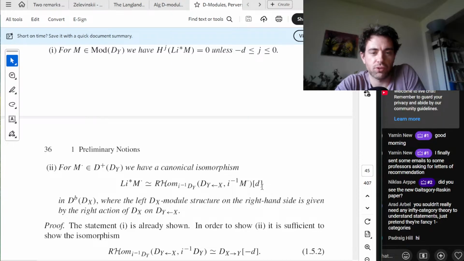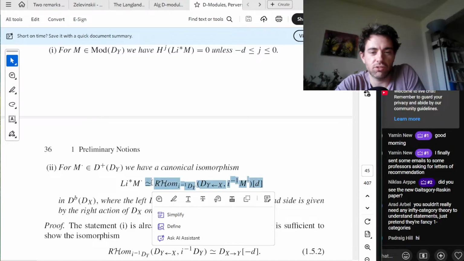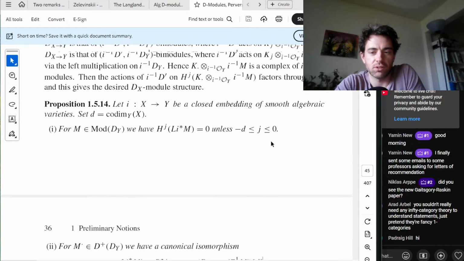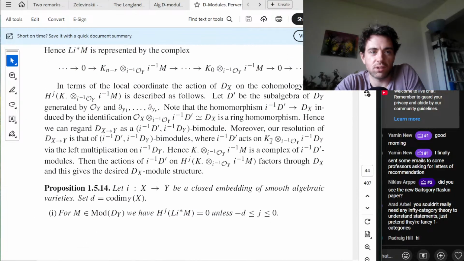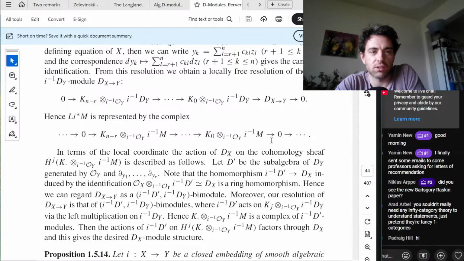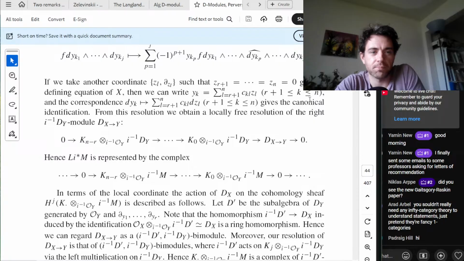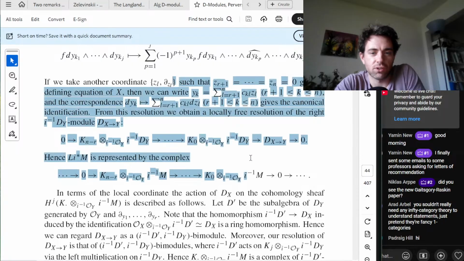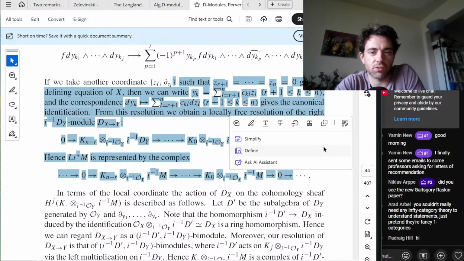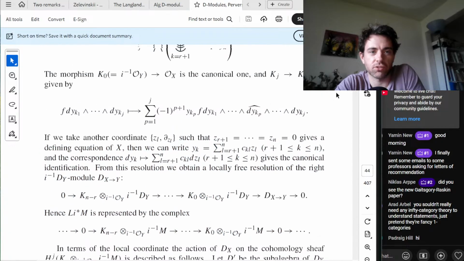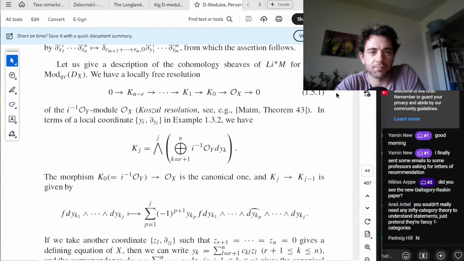Canonical isomorphism. Does that actually help me compute this thing, though? I mean, I guess it gives me a resolution, right? Okay, this tells me a way to represent the complex for a closed embedding.